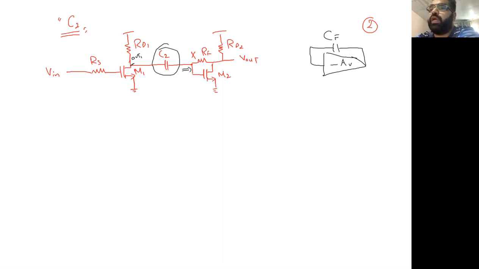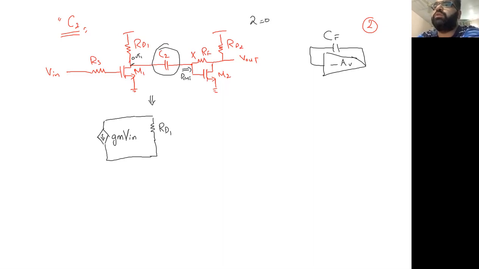But what we can do is try to use a small signal model. I call the impedance seen from here, this point, R int, for example, and let's draw the circuit using a small signal model. Since we don't have RS, V in will be equal to VGS, so we call this GM V in. We have here RD1. Again, RO, let's say lambda is equal to 0, so we can take RO as infinite for simplification.